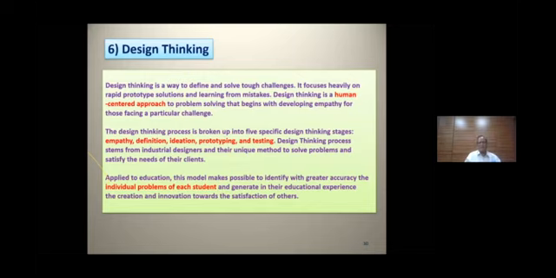And they will also be motivated, and each student will try to enhance their knowledge. Once this happens, the student solves the problems given to them by design thinking.